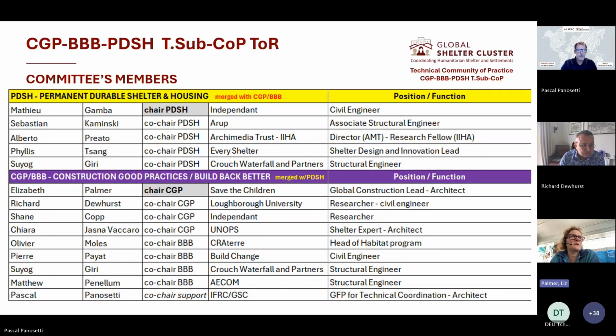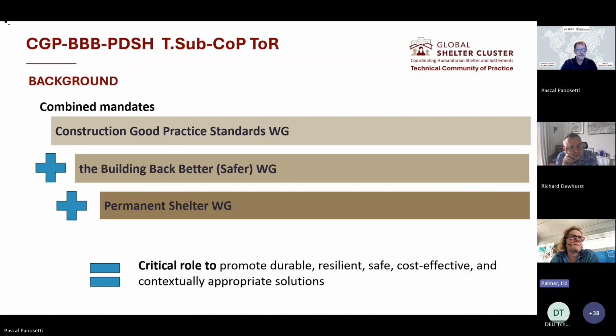So they combined the permanent shelter and the construction good practice Build Back Better. We have a very impressive list of people on the committee, and I think we'll just jump straight to the next slide.